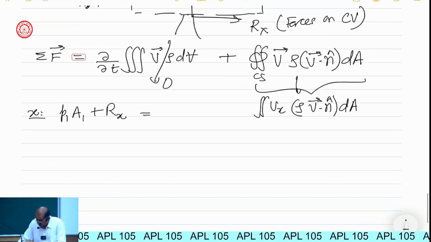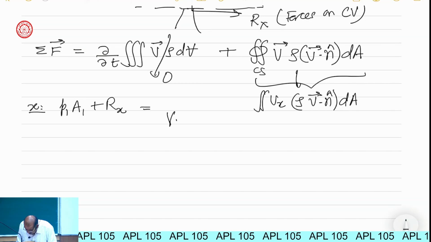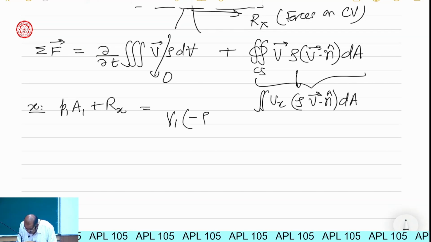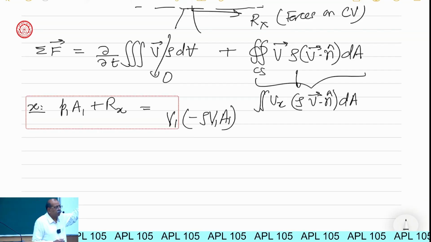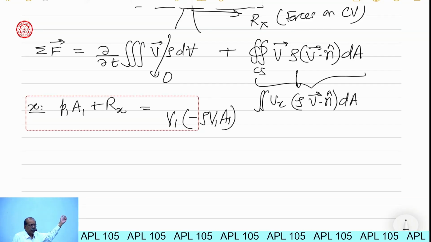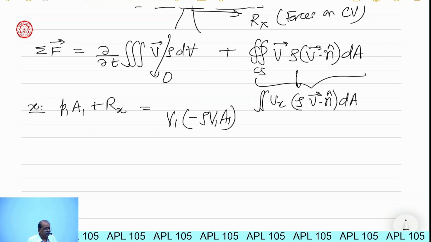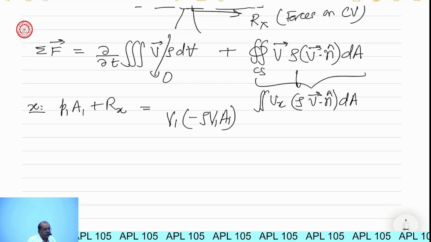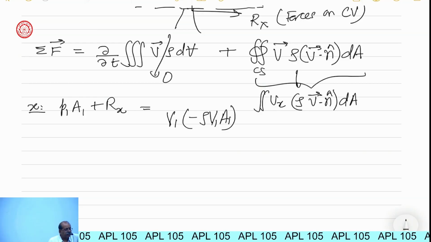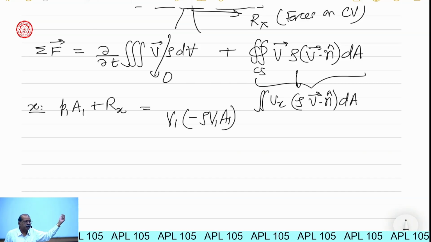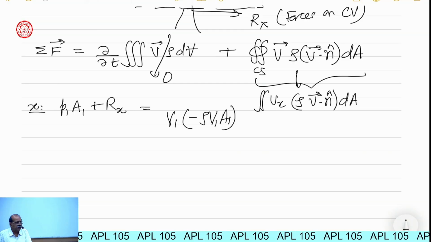So this first term will become V1 times minus rho V1 A1. Why does the minus sign come? Because the flow is coming in. At 2, there is no Vx. Rho V dot n is not 0, but at 2 there is no Vx, so this term at 2 will not contribute to Fx.